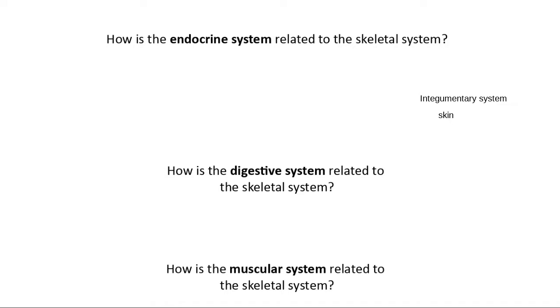The skin makes something that the skeletal system needs to be able to get the calcium that you need in your bones. Does anyone know the name of what your skin makes to help you absorb calcium?